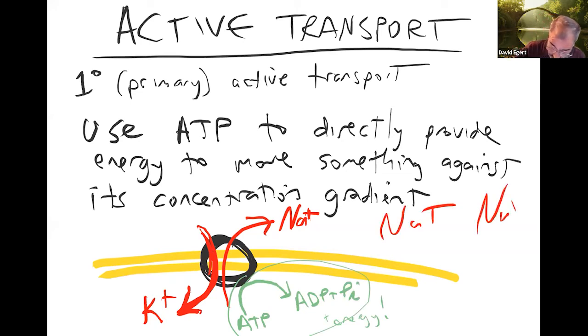Sodium wants to come back in due to its diffusion gradient, but I can use the power of ATP to keep pushing it out of the cell, even though it doesn't want to move that way due to its diffusion gradient.